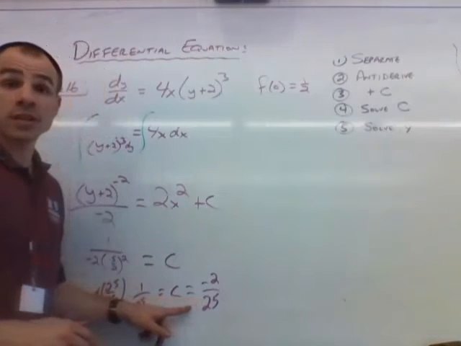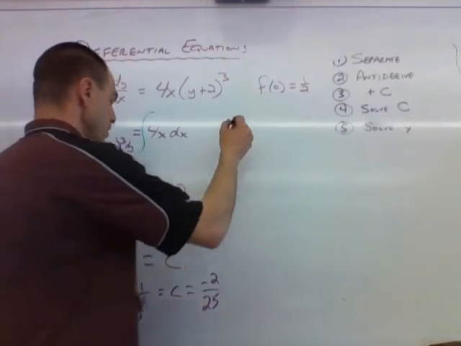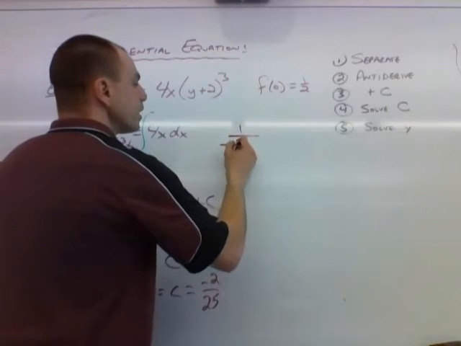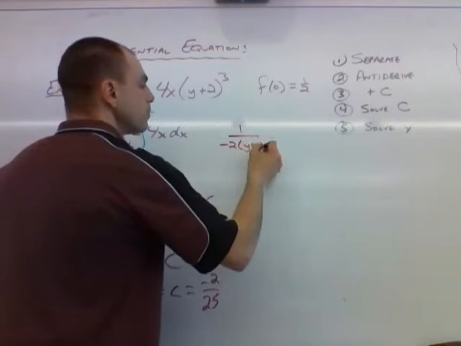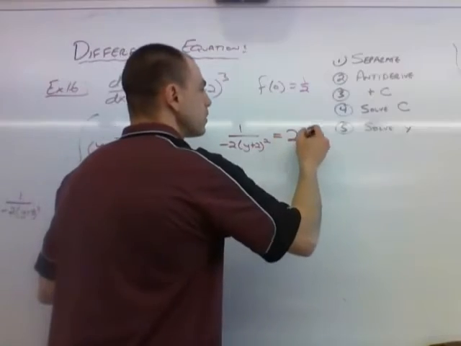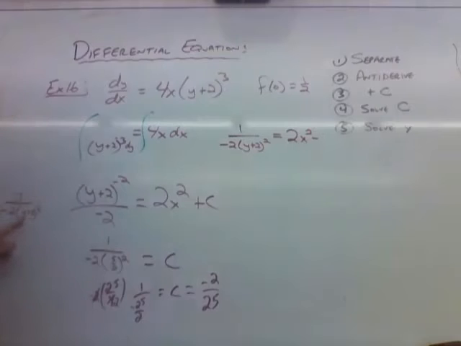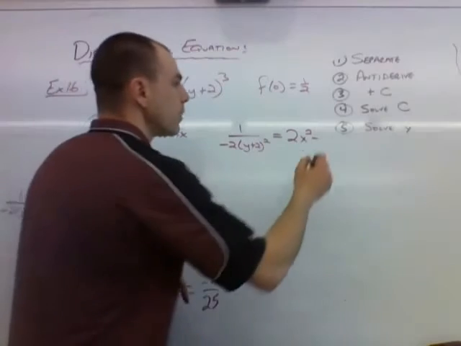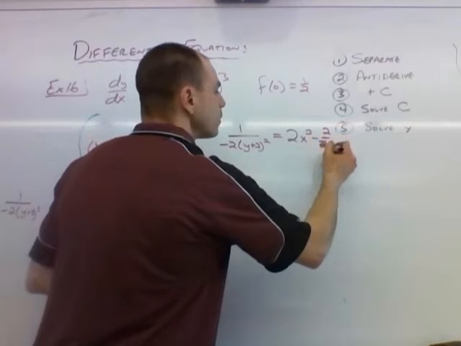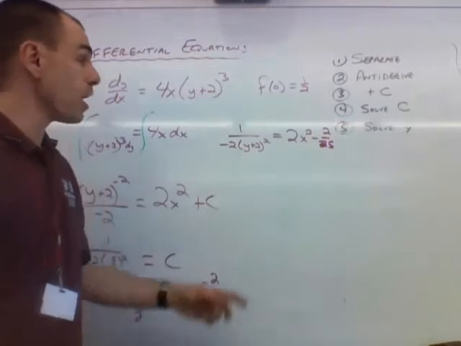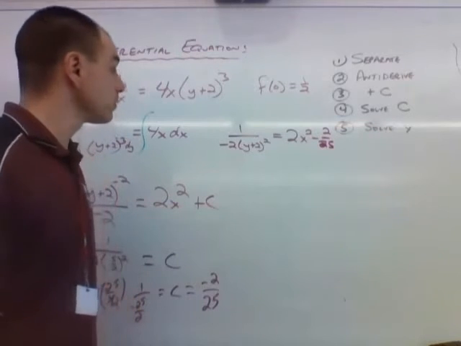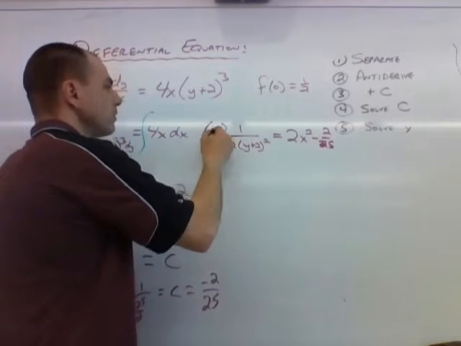But now that we see that c is negative 2 over 25, going back here, we have 1 over negative 2 times y plus 2 squared equals 2x squared minus 2 over 25. All right, we got to get y all by itself. So for starters, we got to multiply by negative 2.